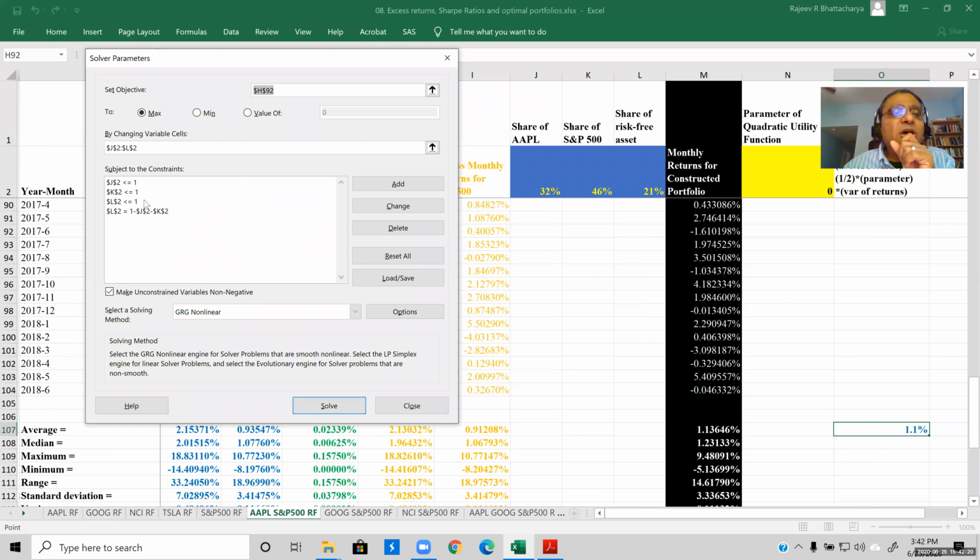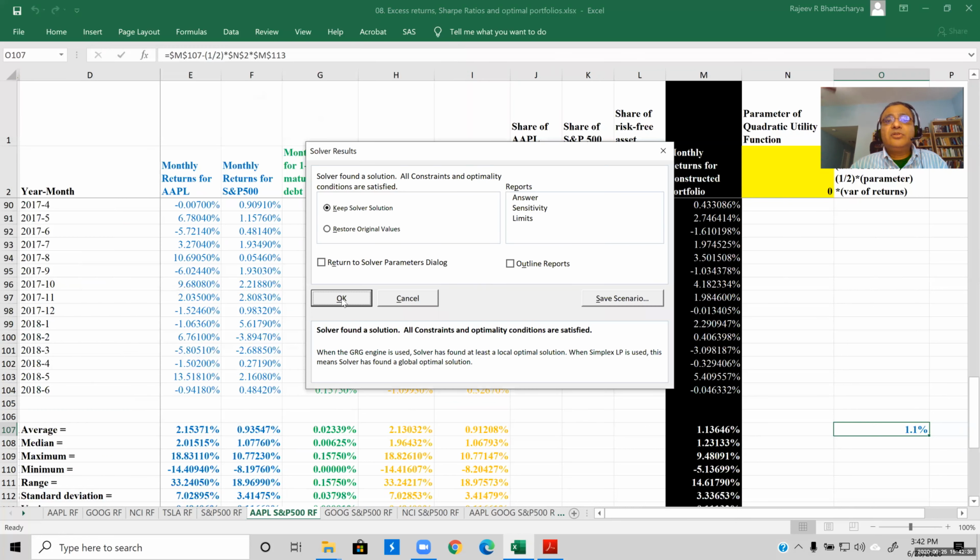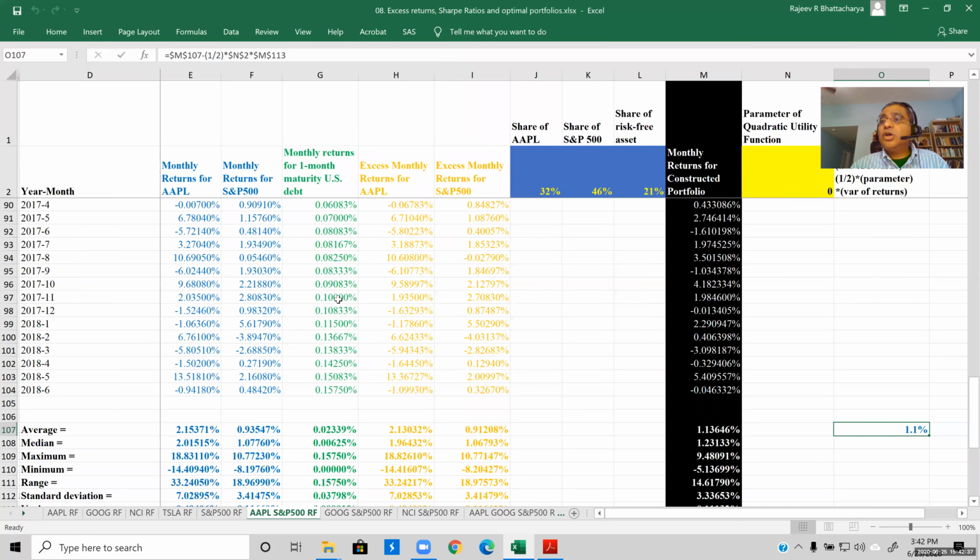Do we have all of them? All of them are less than or equal to 1. They actually add up to 1. We are going to check this to make the variables unconstrained, they make the variables non-negative. Hit solve. Okay. And so in this case, we can see that even though the parameter is 0, we see an interior solution.